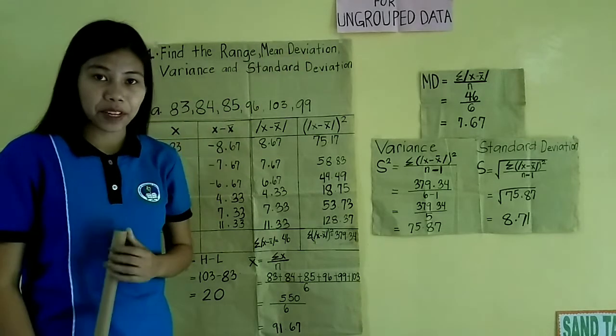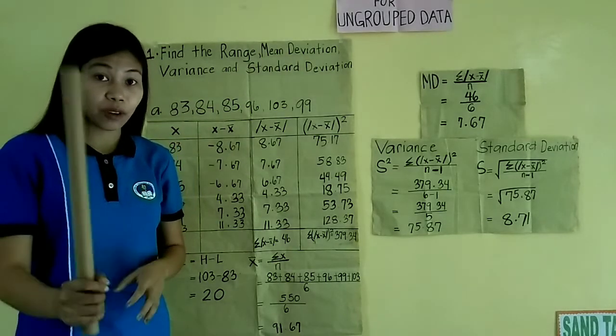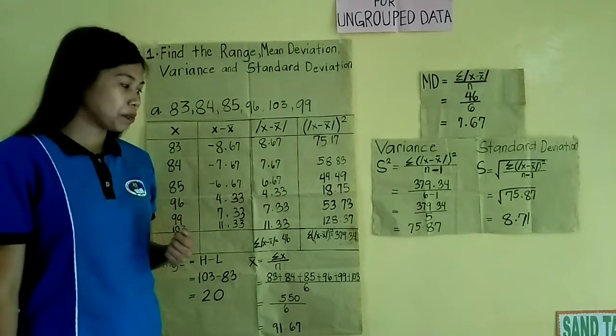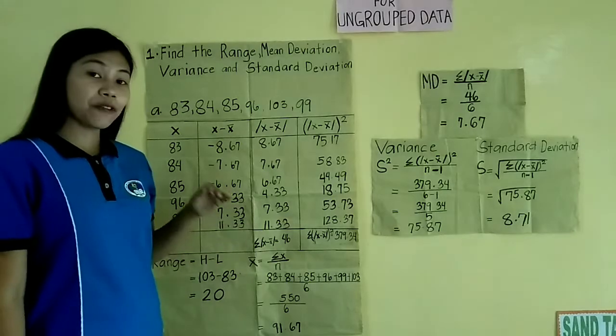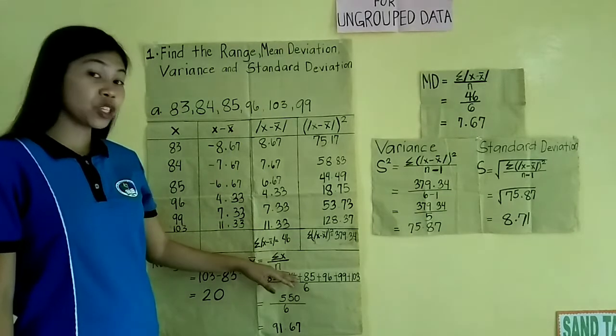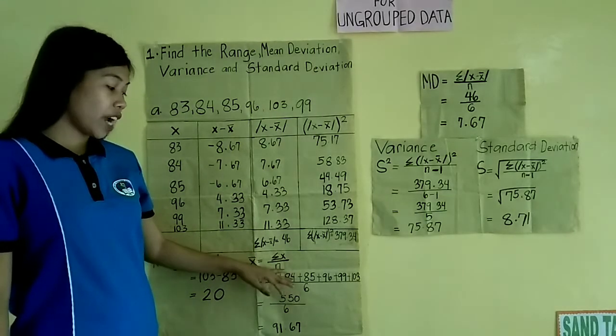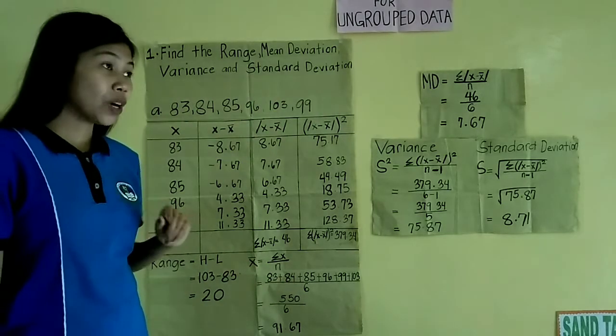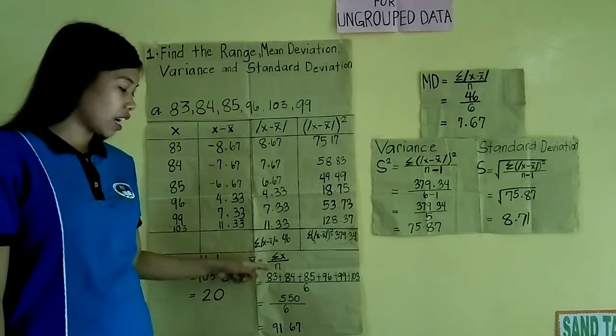So, the first step in finding the mean deviation is, of course, to get the mean of the data first. Our formula in finding the mean of our data is summation of x over n, where x is our data, and n is the number of our data.